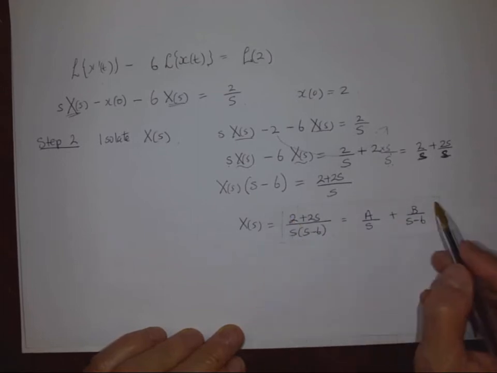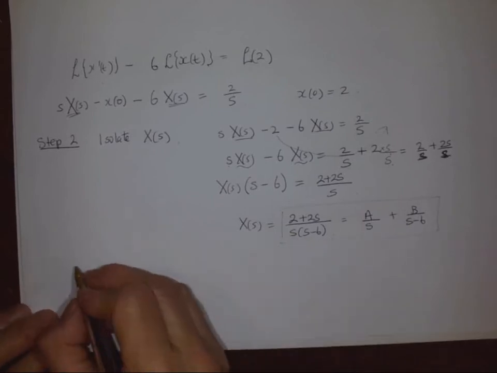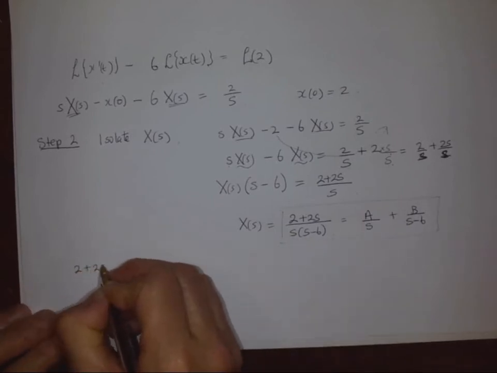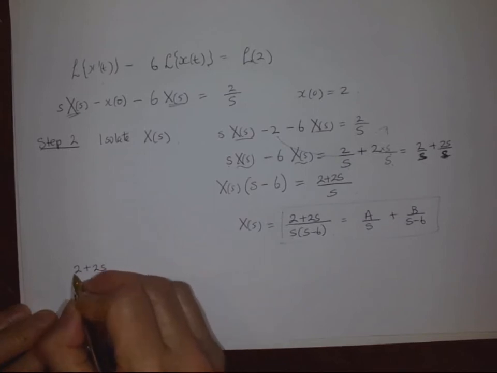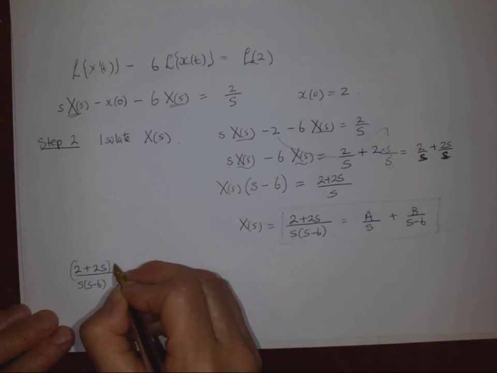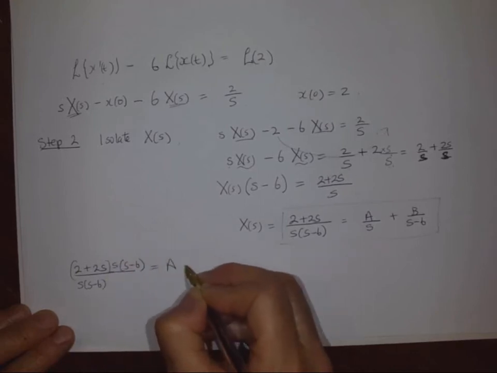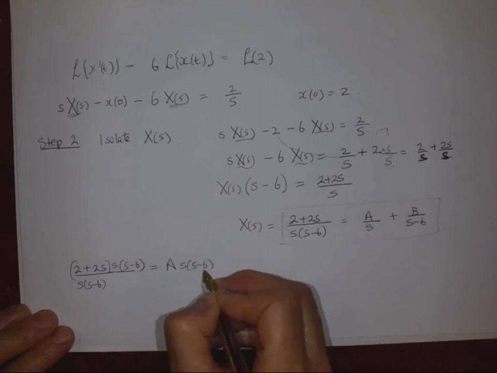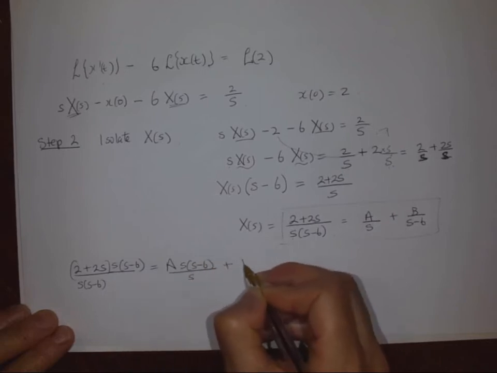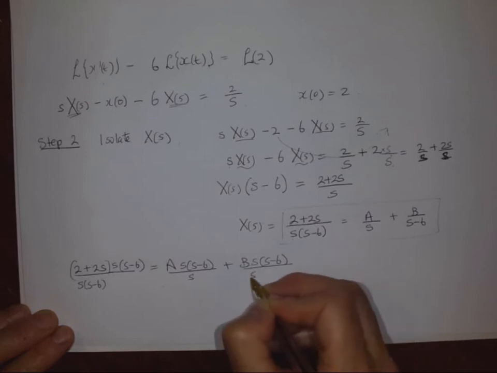If we multiply everything across by s times (s minus 6), we will have (2 plus 2s) over s on (s minus 6) multiplied by s on (s minus 6) equals a times (s minus 6) over s plus b on (s minus 6) over (s minus 6).